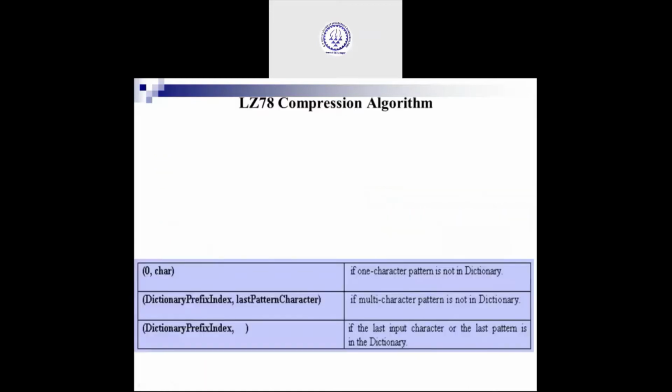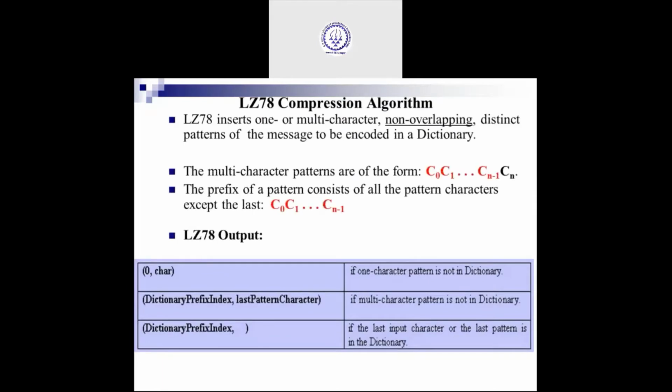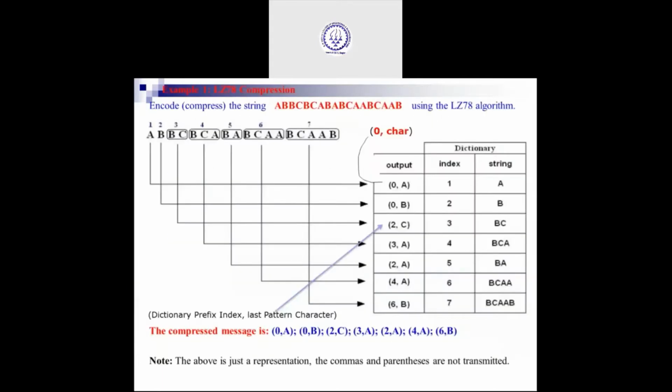Let us try to understand this implementation of LZ78 by going through an example of encoding. In LZ77, we understood the encoding of binary data. Here, we will focus on the encoding of letter data, in terms of alphabets.